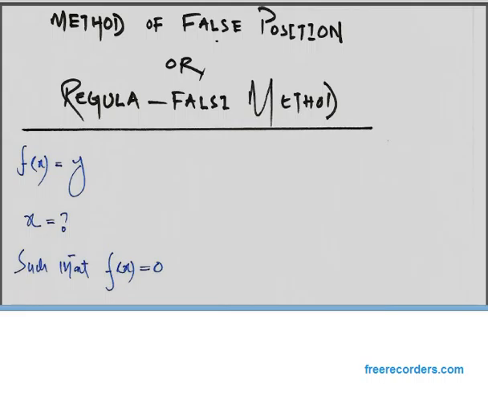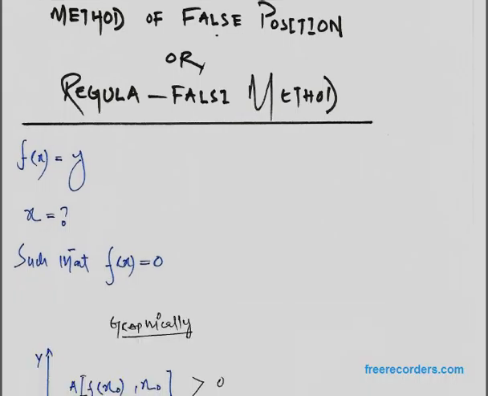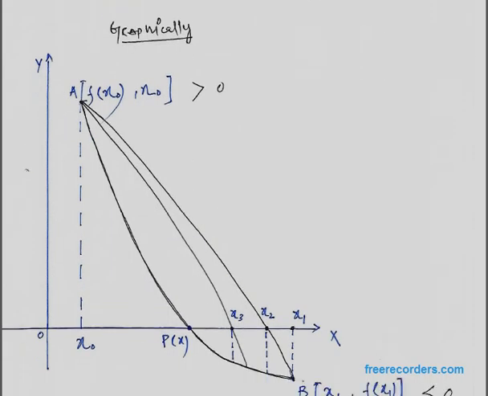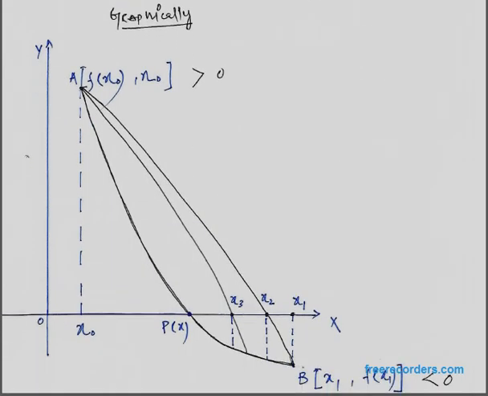Let's see graphically how it works. This is an xy plane, and this is the y-axis and the x-axis, and this is our function. Here it is intersecting the x-axis, so that point p of x is what we need to find.